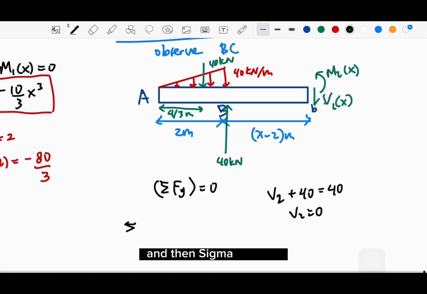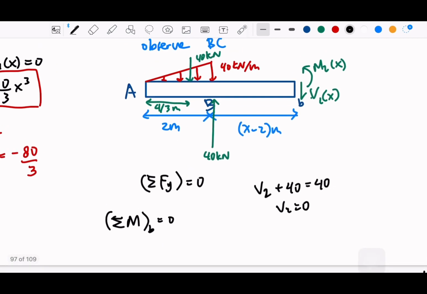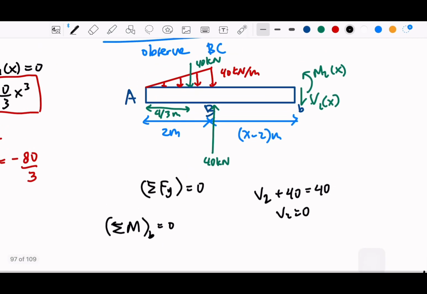And then sigma M at B equals 0. Let me define this positive.